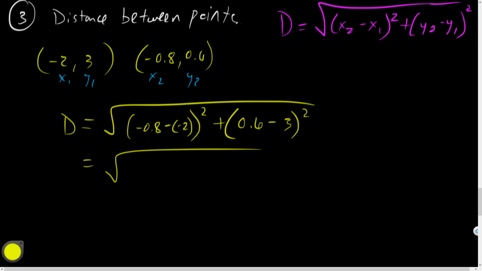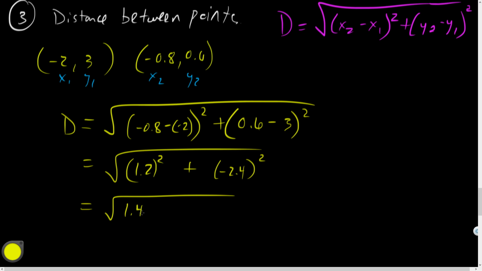So that's 2 minus 0.8. I get 1.2 squared plus 0.6 minus 3, it's going to be negative. That minus sign is going to be dealt with by the squaring in a second. 3 minus 0.6 is 2.4. 1.2 squared, I believe, is 1.44. 2.4 squared, I'm going to grab a calculator here. 5.76.